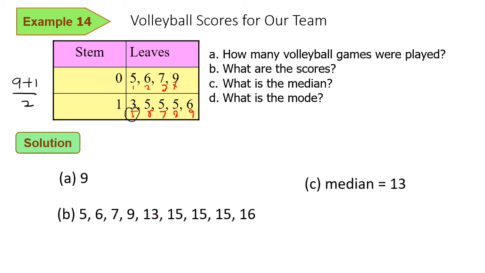Correct. And then lastly, the mode. As I said before, the mode is the one that occurs most, that is 15, 3 times. So the mode would be 15. Very simple how we interpret the stem and leaf and answer these 4 questions.